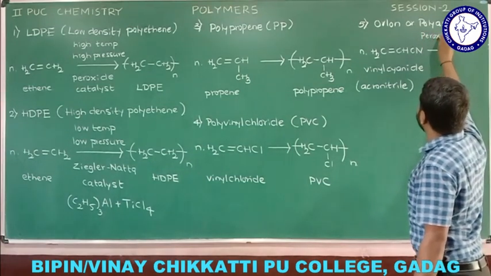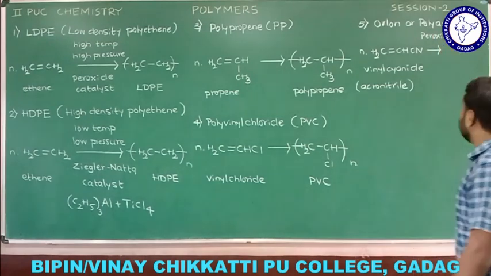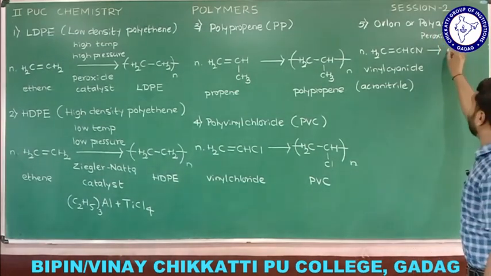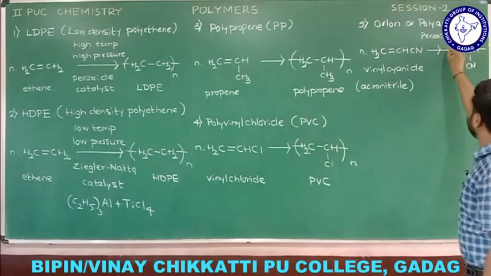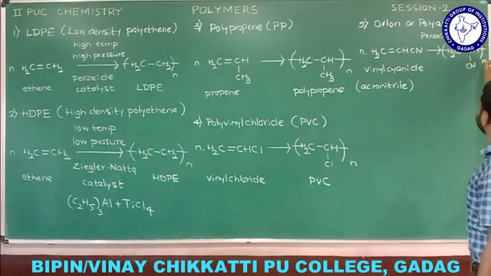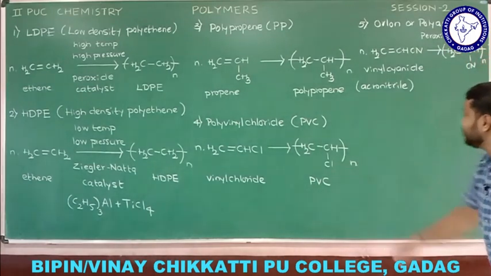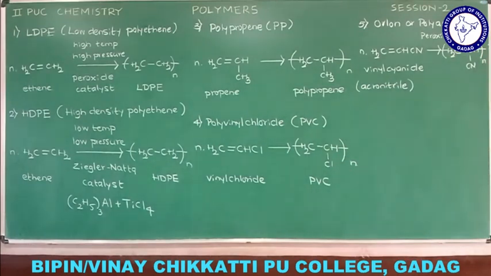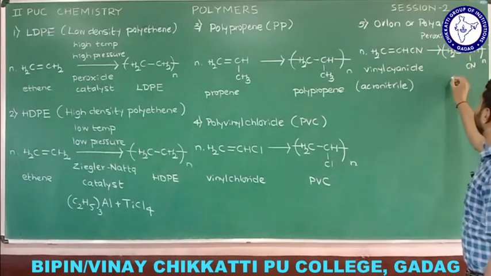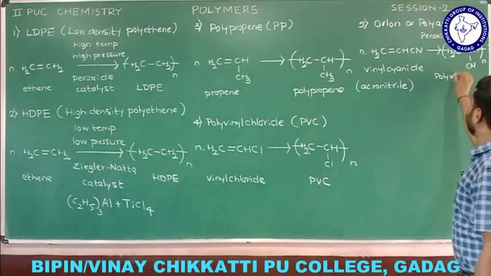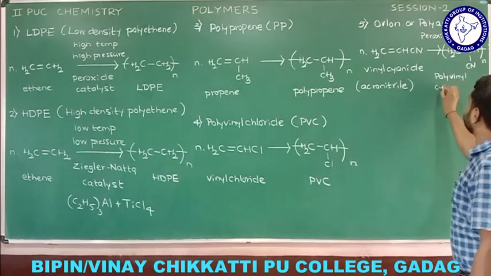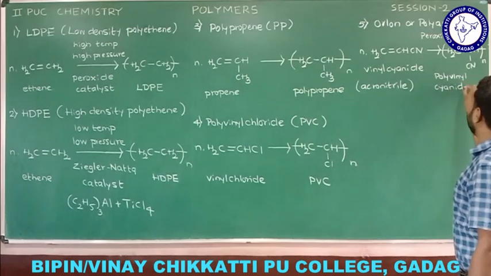Sometimes we add peroxide as a catalyst, and we are going to get the structure of the polymer, that is CH2 CH with CN branched. I will write the brackets and subscript n. The CN I am going to write below, and this I call polyvinyl cyanide.